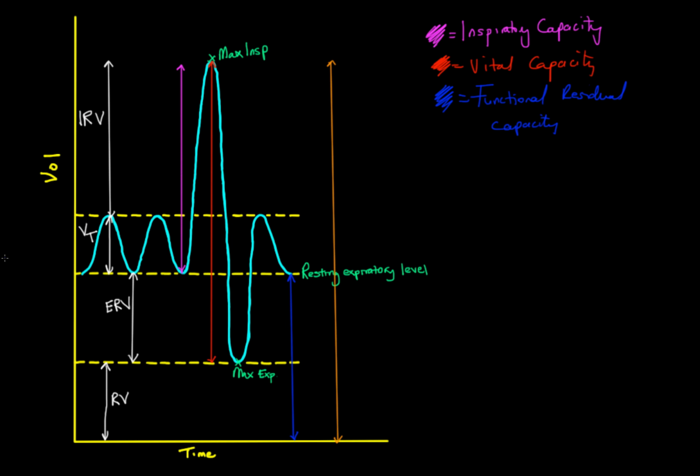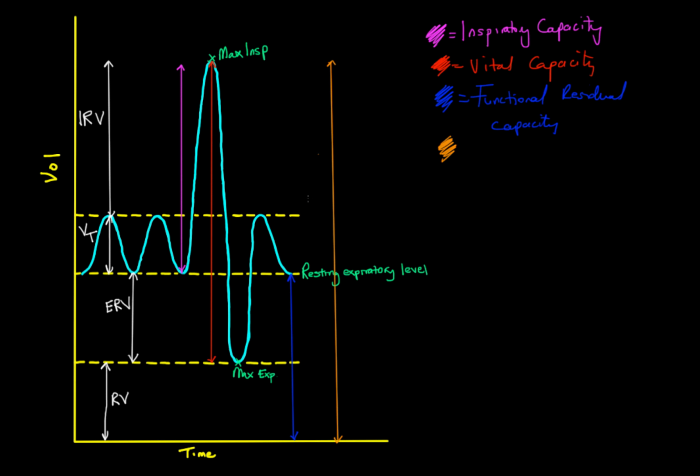And then what's this orange one? This orange one should be reasonably obvious. This is just our entire lung volume, right? This is going from 0 volume all the way up to our max inspiration, our biggest breath in, the fullest our lungs can get. So this is our total lung capacity. I said volume before, but I meant capacity. These are all capacities.